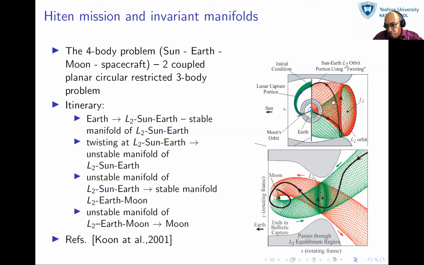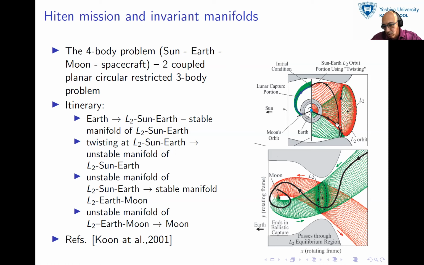So here on the top panel, you use the Sun-Earth system. So the Earth is here, the Sun is to the left. This is L2, not L1. So we talked quite a bit about L1, but now I'm going to just say that L2 has similar properties as L1. So you start near the Earth, you follow the unstable manifold of the Lyapunov orbit L2 for the Sun-Earth system.